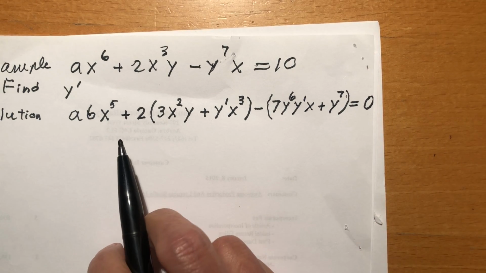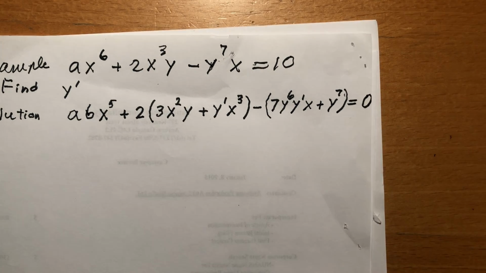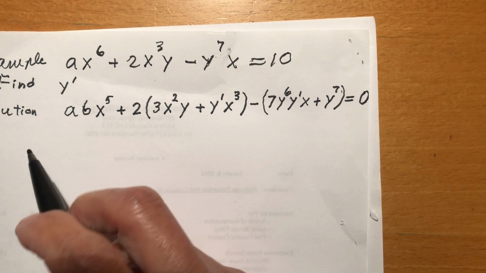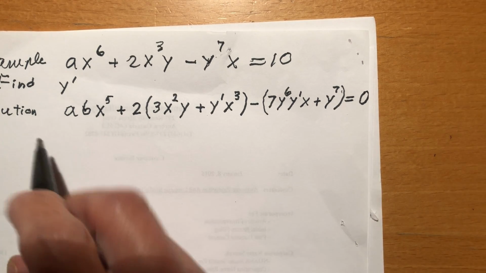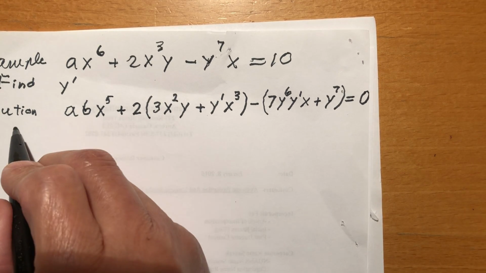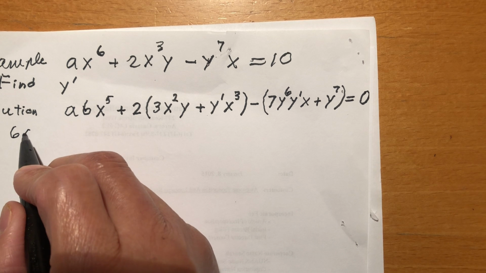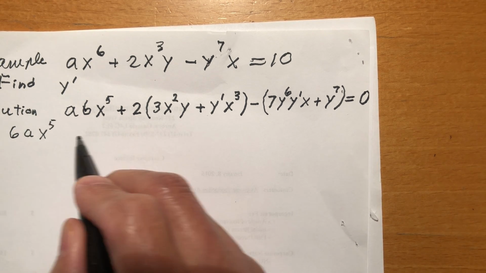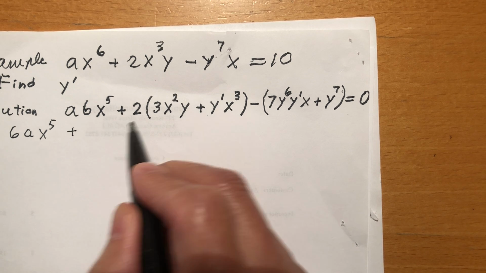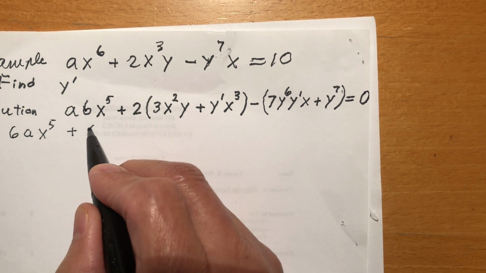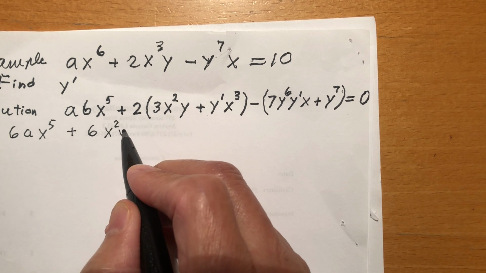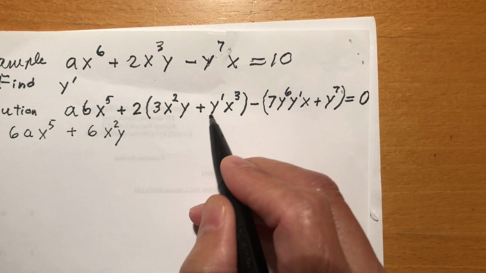And this method is called implicit differentiation. The next step is just to rearrange the terms and simplify your writing. So I have 6ax to the power 5 plus 2 times 3 is 6, and the 2 multiplies into it.